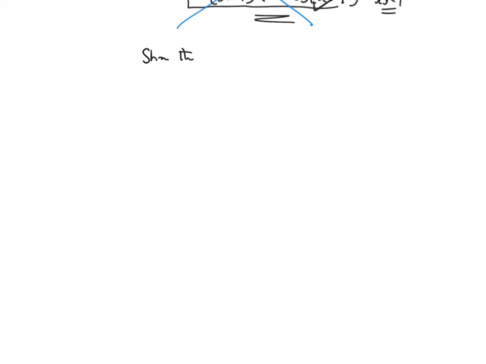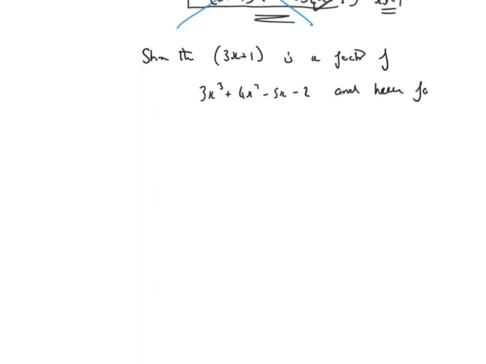Show that 3x plus 1 is a factor of 3x cubed plus 4x squared minus 5x minus 2, and hence factorise fully.